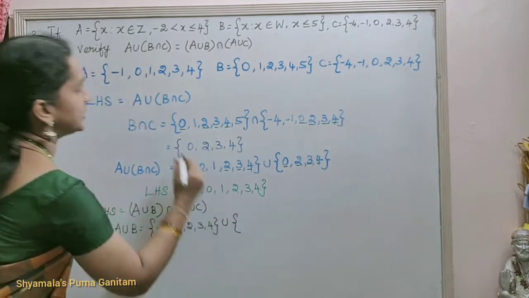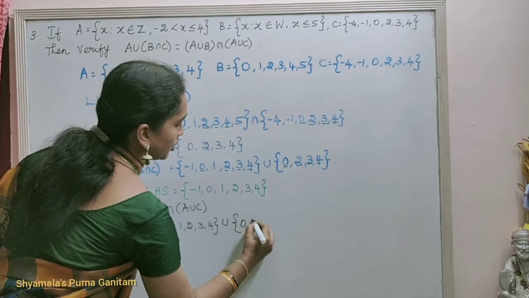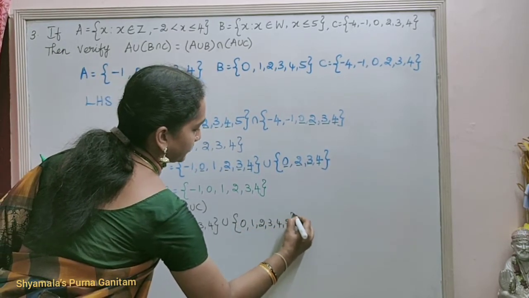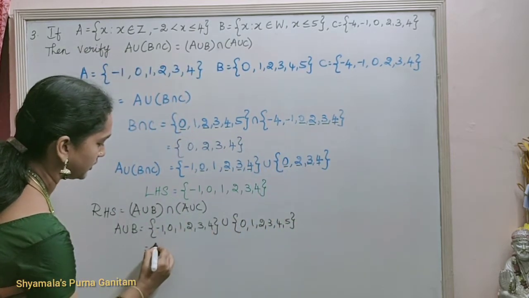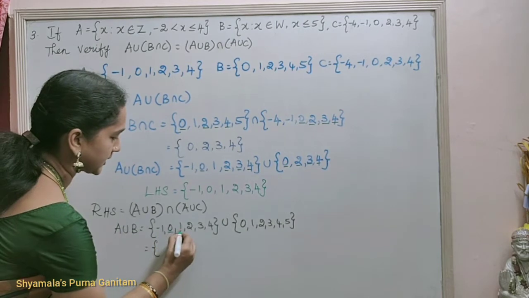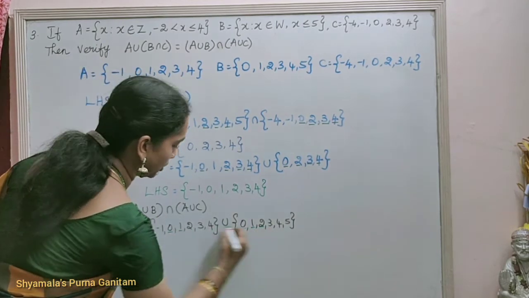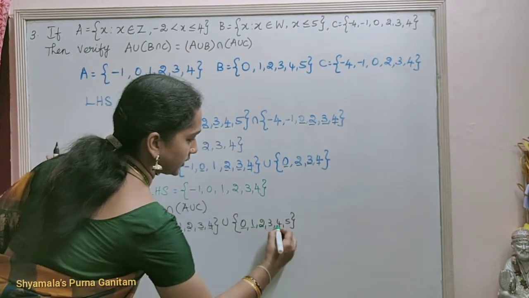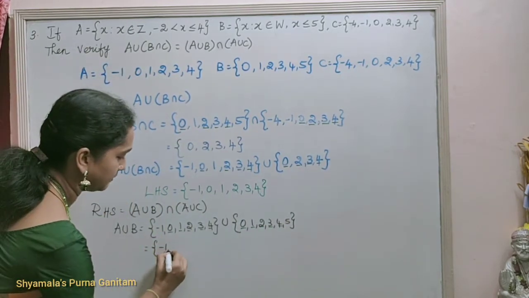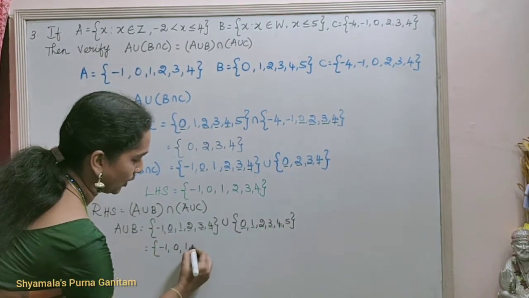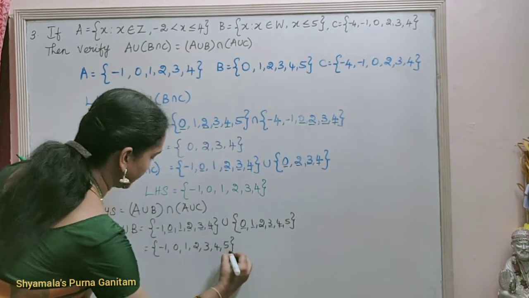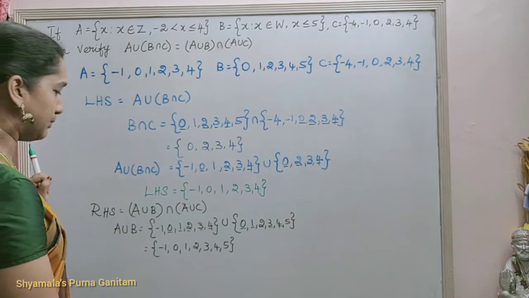Union elements of B, 0, 1, 2, 3, 4, 5. The common elements 0 to 4 we will write one time. So A union B is minus 1, 0, 1, 2, 3, 4 and 5.